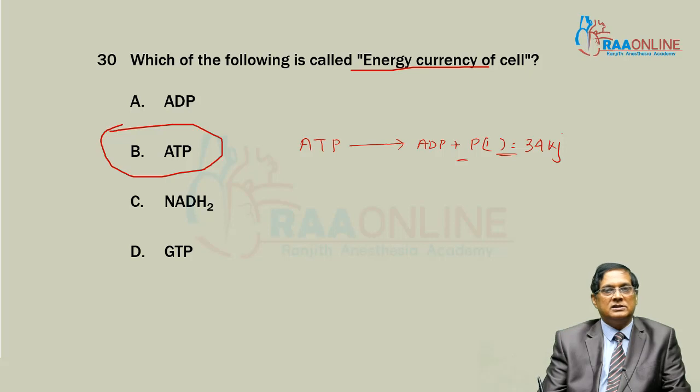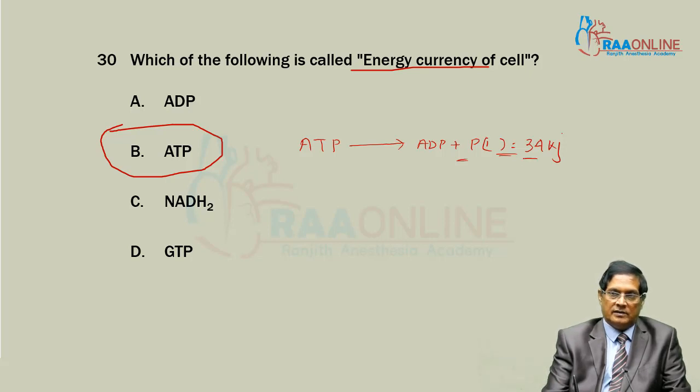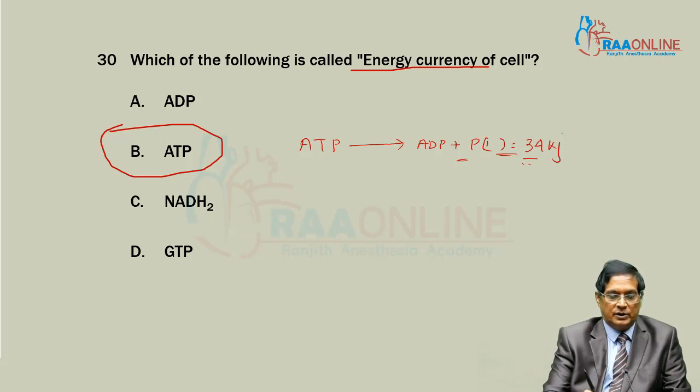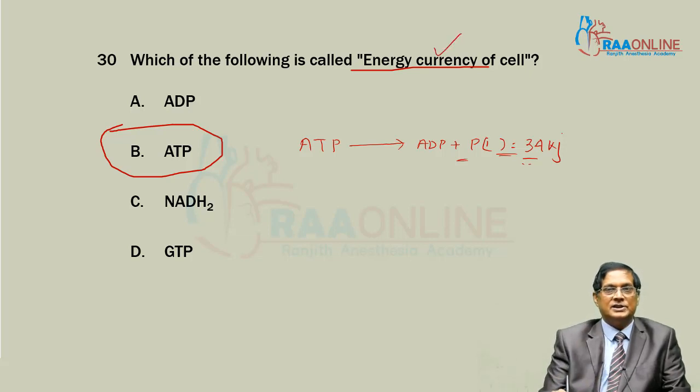Mitochondria synthesizes the bulk of ATP during respiration, mostly by oxidative phosphorylation. That's why mitochondria is known as the powerhouse of the cell, because it generates the energy currency ATP and provides it for other vital activities as an ATP source.